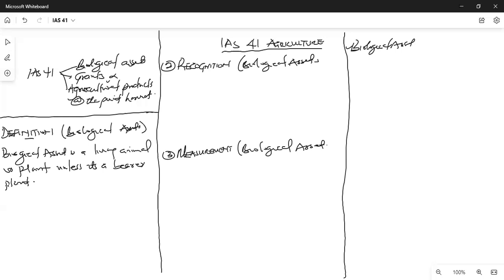So in terms of it, those bearer assets become PPE. Now, when we say a bearer plant here, what we are trying to talk about is that that particular plant is used to produce or supply agricultural produce.